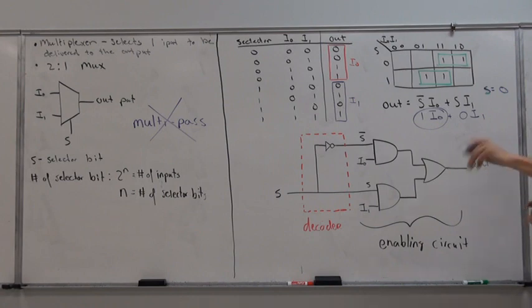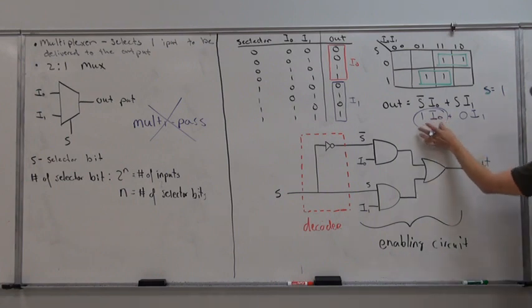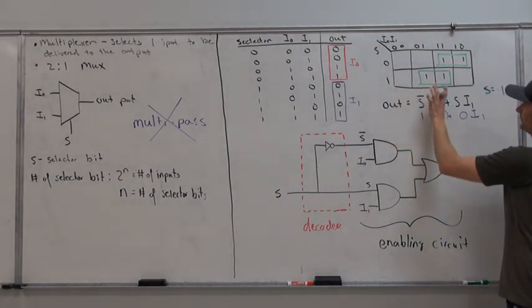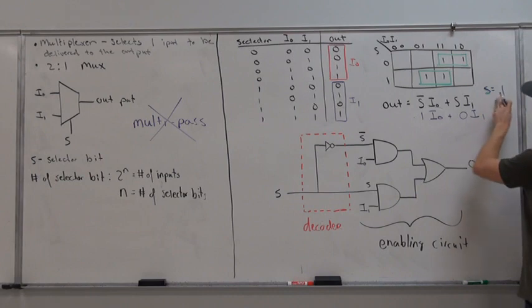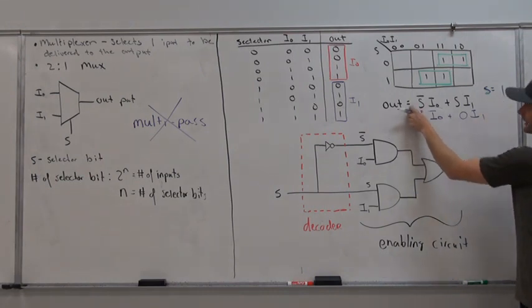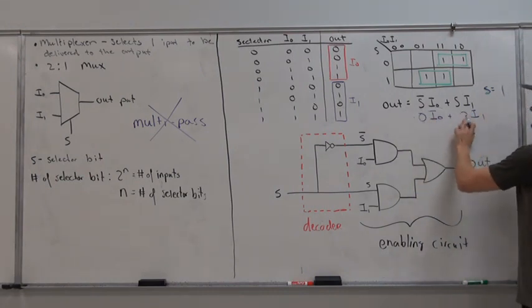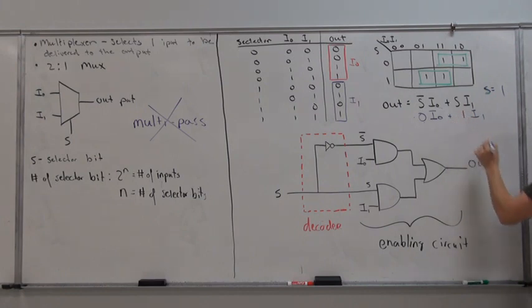Let's switch this up. Does this work for I1? Let's say that S goes high, which should effectively select that input of I1. Sure enough, if S is equal to 1, then S bar goes to 0, and here we get S as being 1.